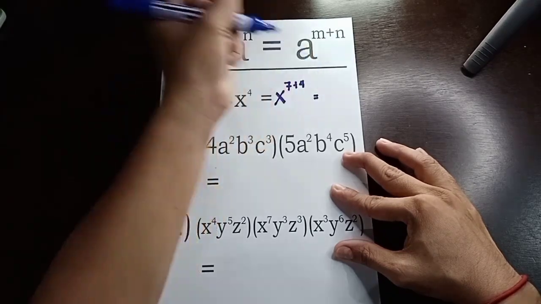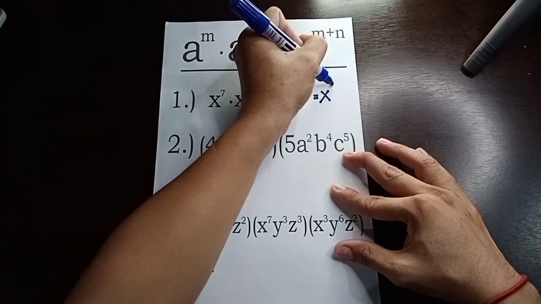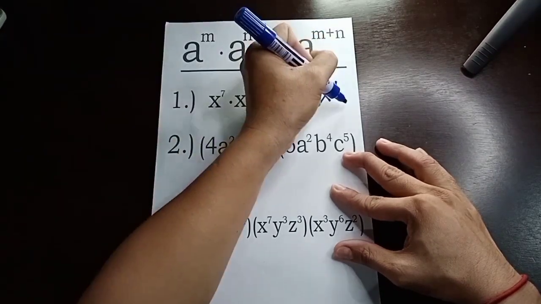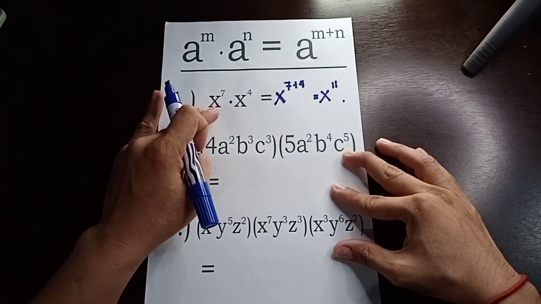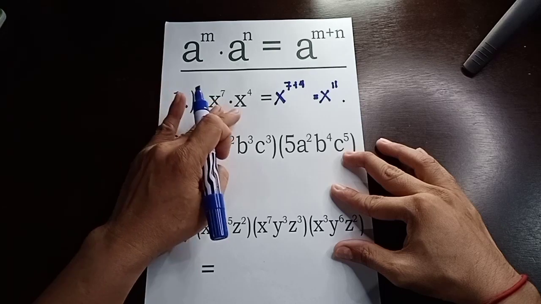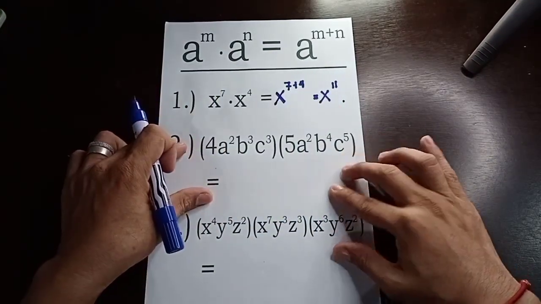So, copy the base, and then 7 plus 4 is 11. So, this is the answer of our example number 1. X raised to 7 times x raised to 4 is x raised to 11.